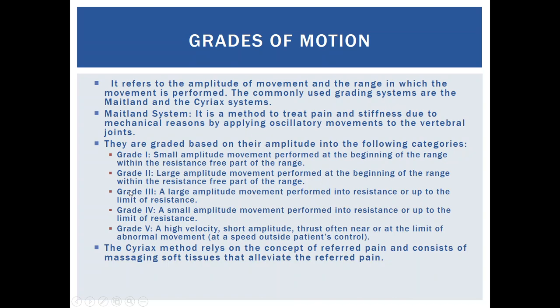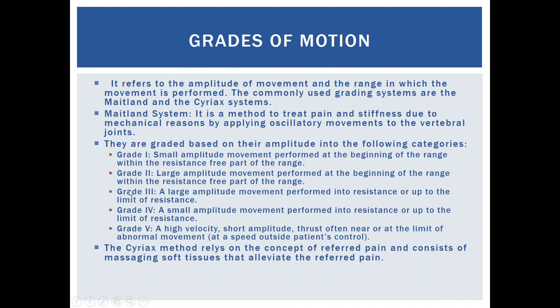So that is your limit, and you are putting your hand at that particular limit, and you are moving the patient's arm till the arm is parallel to the ground. The point at which the patient's arm hits your stationary arm is the resistance limit. So, applying small amplitude or large amplitude till that particular resistance limit ends up being grade 3 or grade 4 on your Maitland system, right?